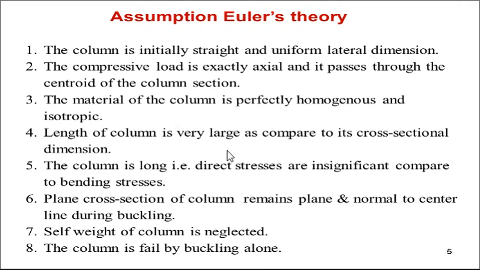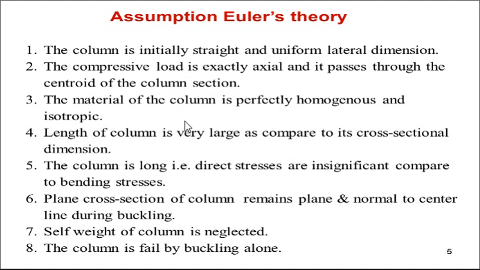Assumptions in Euler's theory. If you have to design or analyze a long column using Euler's theory, there are some assumptions you need to remember. First, the column is initially straight with uniform lateral dimensions. Second, the compressive load is exactly axial and passes through the centroid of the column section.